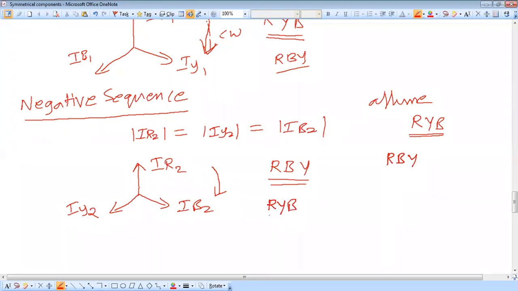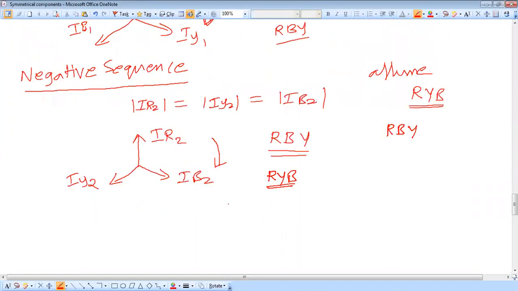It is opposite to the original phase sequence. Don't always remember the negative sequence component as RBY. Simply remember that the negative sequence component phase sequence is opposite to the original phase sequence. This is the introduction to the negative sequence component.